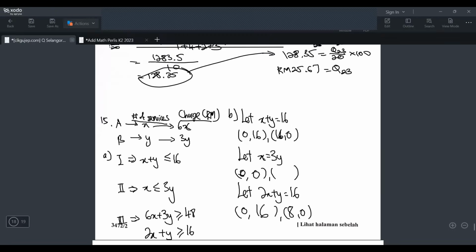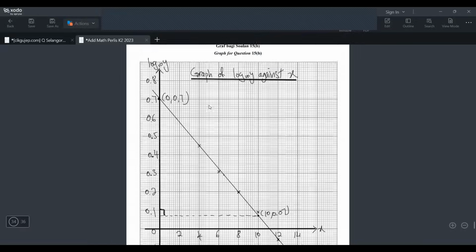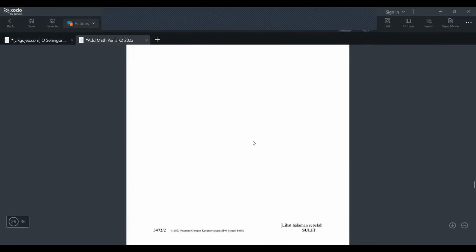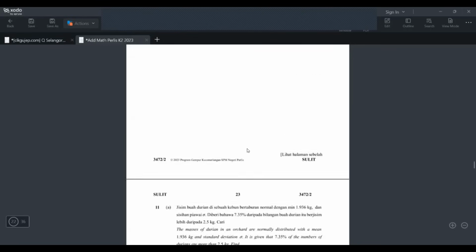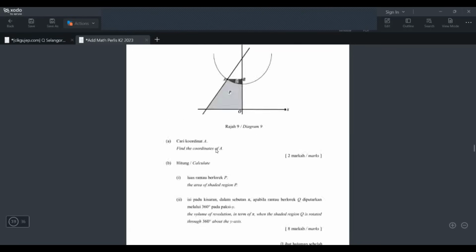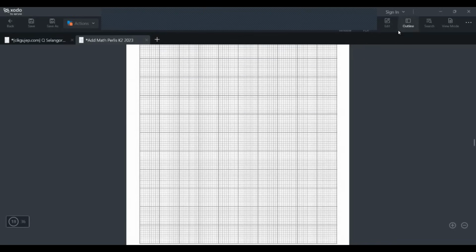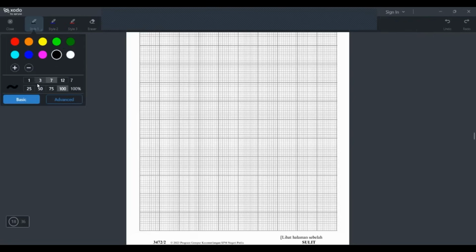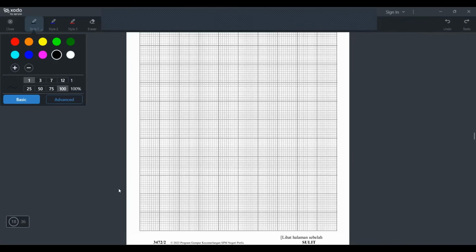So I will go to my graph paper now. They already say 2 cm to 2 units, so it will be 0. By the way, for this chapter, the origin is always here, because everything is positive.